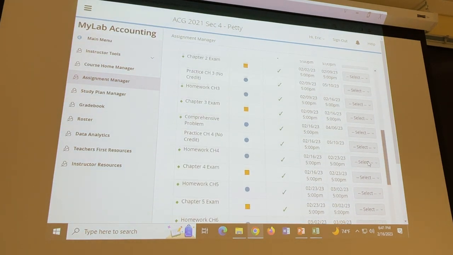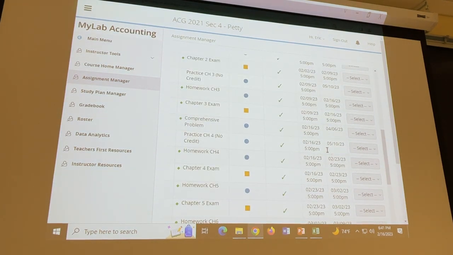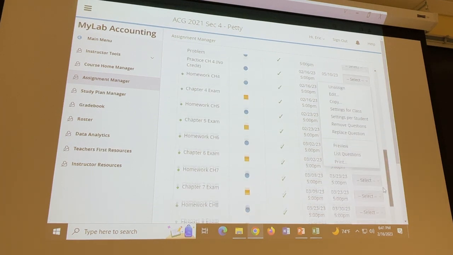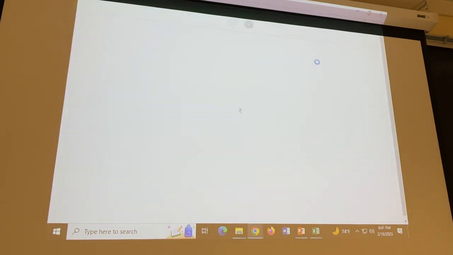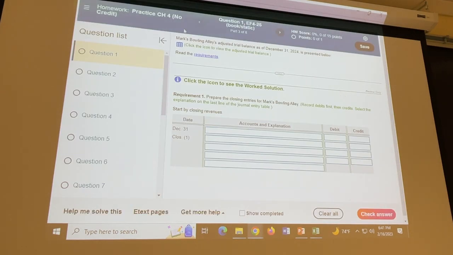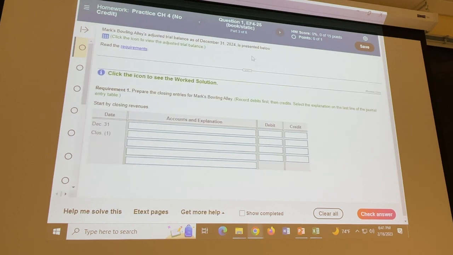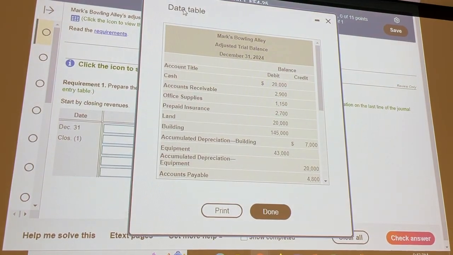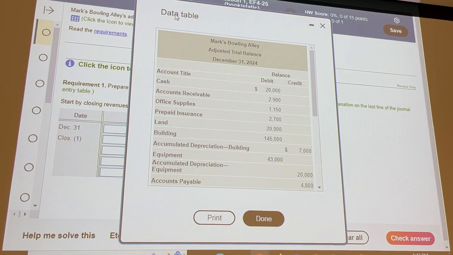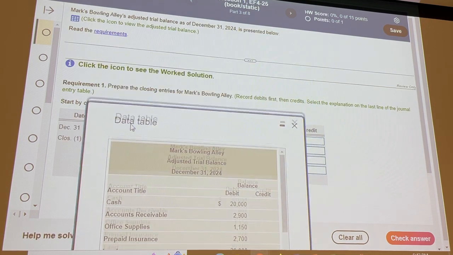Okay, then I'm going to go to the practice problems for chapter 4. And we're doing closing entries here. And so we have an adjusted trial balance to work with.